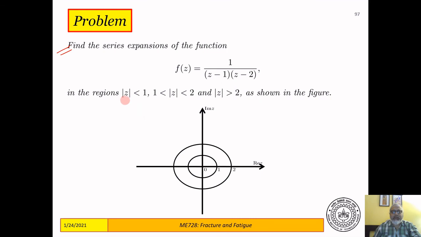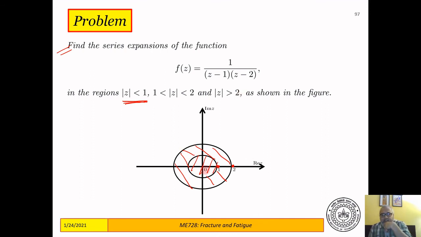Now what happens when you try to expand it in these regions? |z| less than 1 is this disk. z lying between 1 and 2 is this annulus. And |z| greater than 2 is the region outside. The poles are here and here: z equal to 1 and z equal to 2.